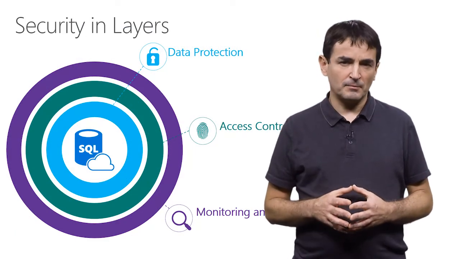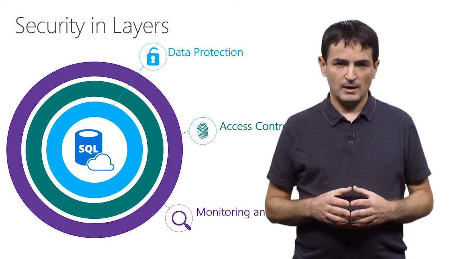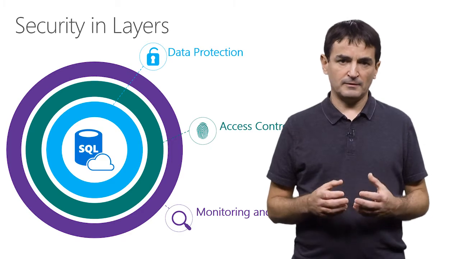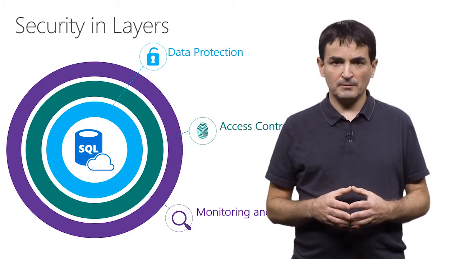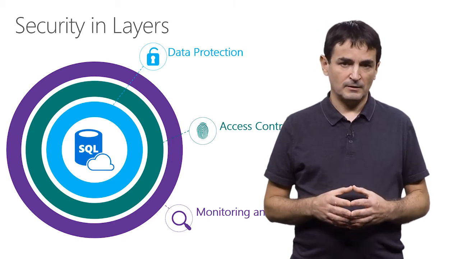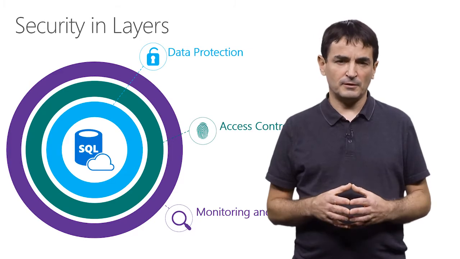In Azure SQL Database, we think about security in terms of layers. In the center, you have your data. And the first layer aims at protecting the data itself, typically by using encryption. The second layer is how you control who can access which parts of your data.